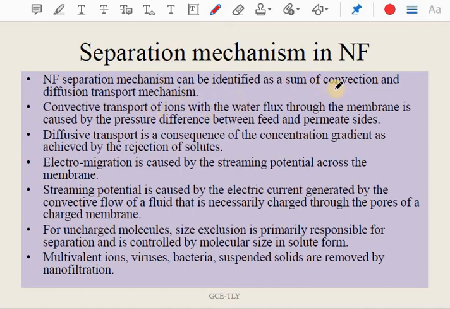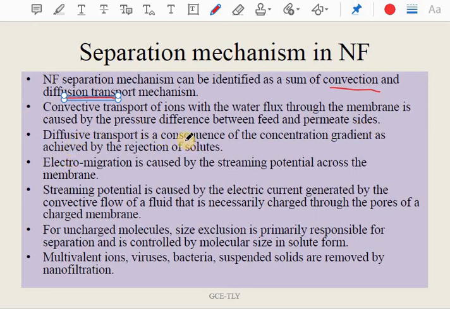So two mechanisms happen here. One is convection, which is nothing but the passage of molecules which are smaller than the membrane pores. Next is the diffusion transport system, which is nothing but the formation of charged ions, and as a result of that, the particles pass through the membrane. Convective transport of ions with water flux through the membrane is mostly caused by the pressure difference between the feed and permeate sides.